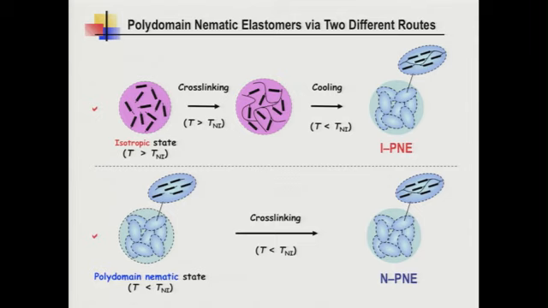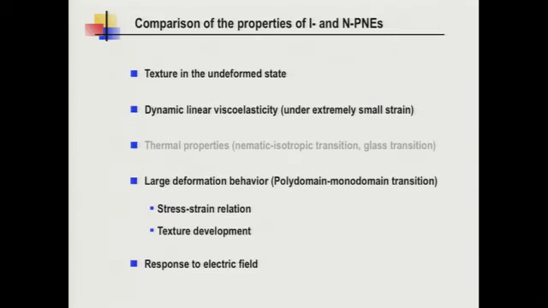Okay. So we compare the several properties of these two types of elastomers. I show you that for some properties, the genesis difference results in the big difference in the properties. And for some properties, there is no difference. So we compare the several properties. So one is the textures in the undeformed state, and also the dynamic linear viscoelasticity.